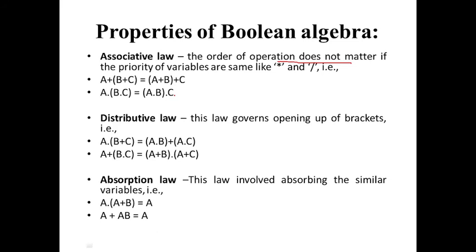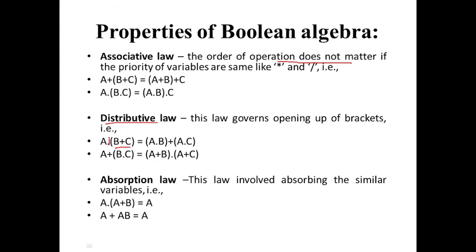Okay. Then the next one is the distributive law. This law governs the opening of brackets. So here A into (B plus C): you have to distribute the variable outside the bracket over the terms inside.